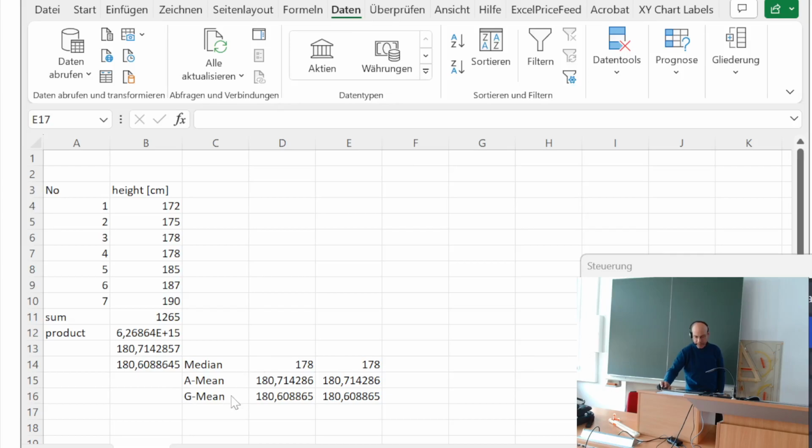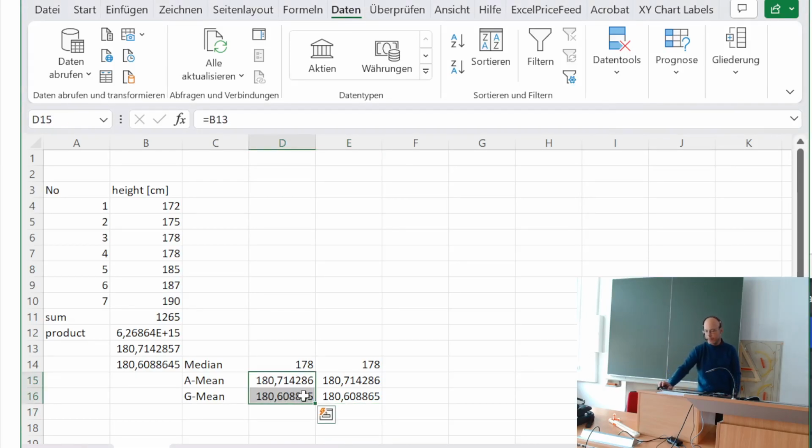Yeah, what we see here is that these numbers are quite close. The reason for this is that these numbers are not really fluctuating. We are just within a maximum of around 10 centimeters relative to almost 200 centimeters in absolute value, and therefore these two means are not too far away from each other.